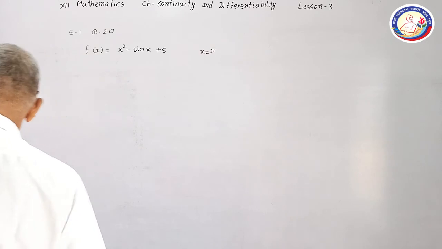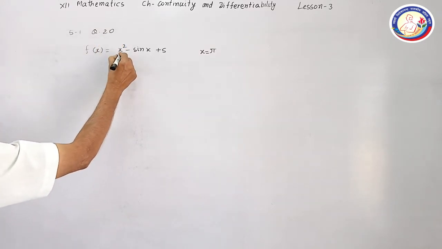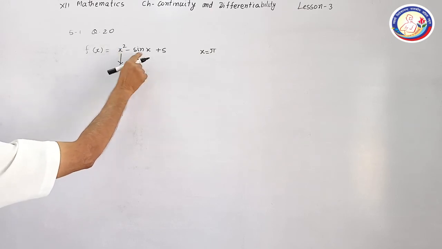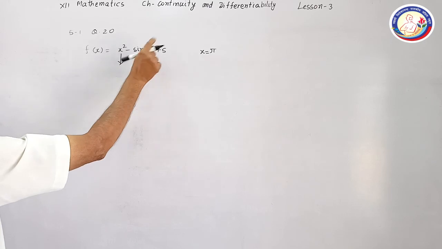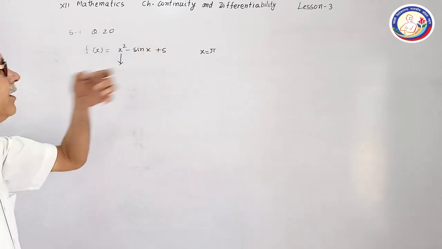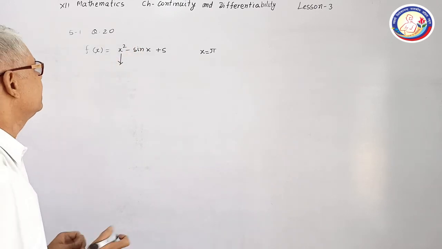Now what will we do? First of all, we will test the continuity of this function: x square, then this sin x, and then 5, and then we apply the algebra of continuous functions.